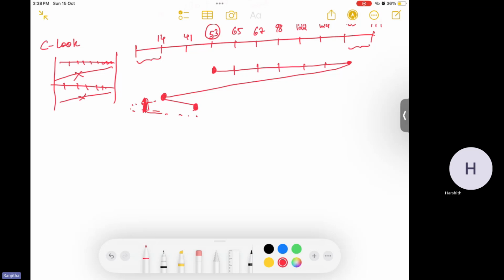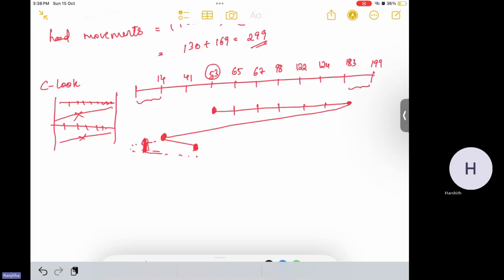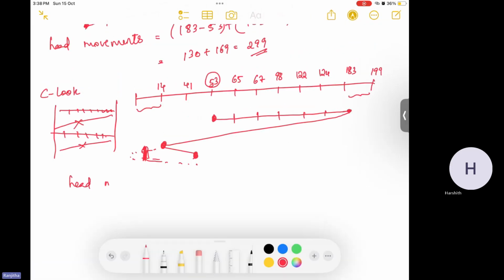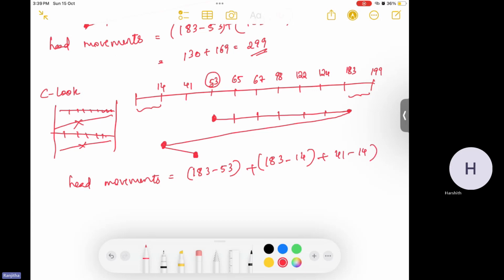So here again, the head movements will be from 53 through 183, that is 183 minus 53, plus from all the way 183 to 14, plus 41 minus 14.